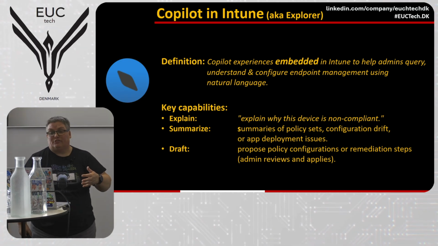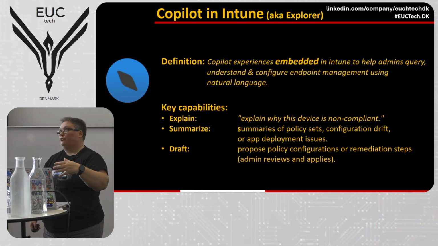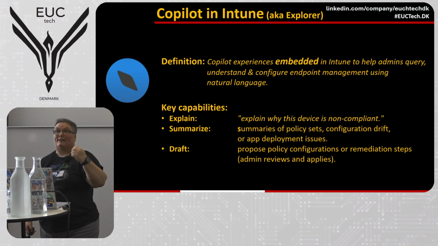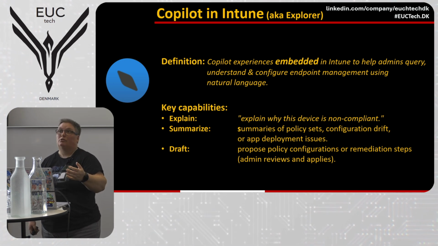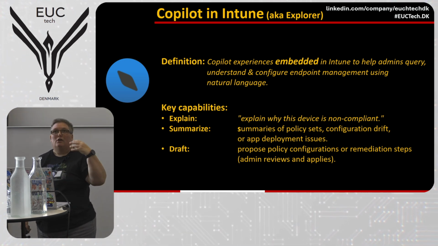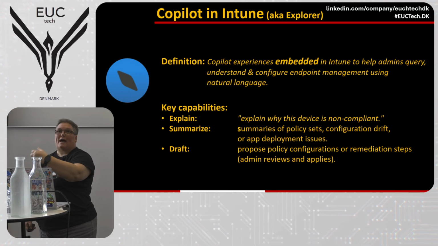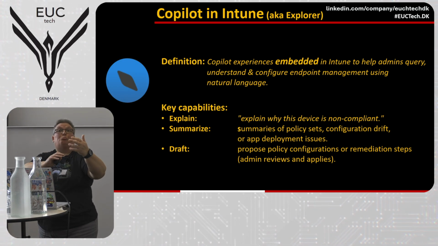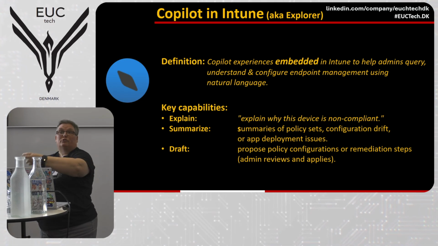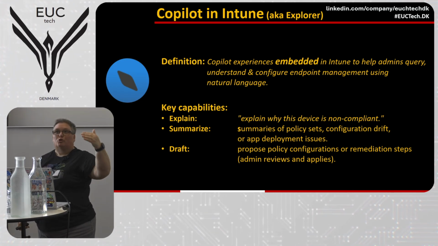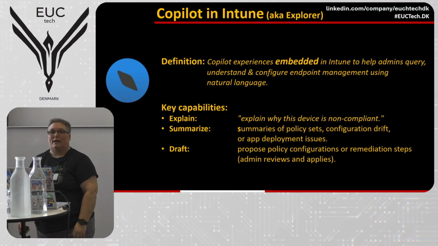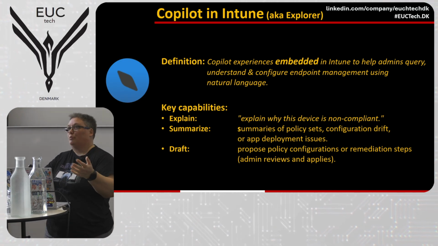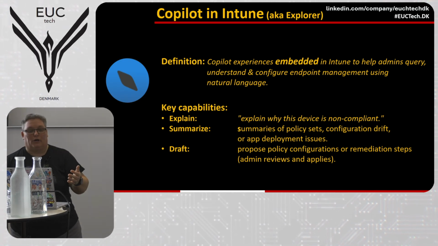Key capabilities. Copilot in Intune is currently very good at explaining the configuration. You can ask it things like, why are these devices flagged as non-compliant? And it will explain exactly what policy configurations are responsible for the non-compliant flag of your endpoint. So that can really help you with some troubleshooting as well.